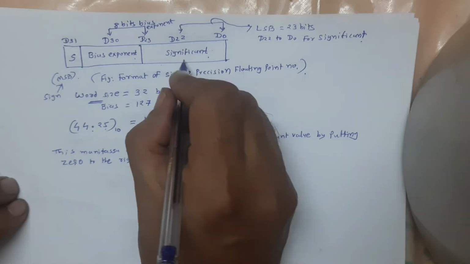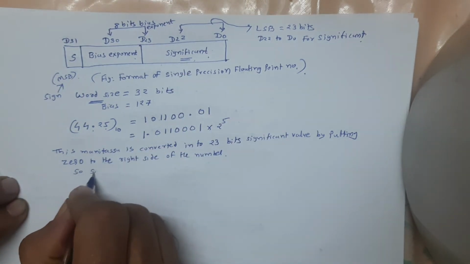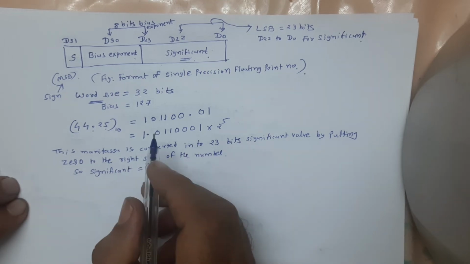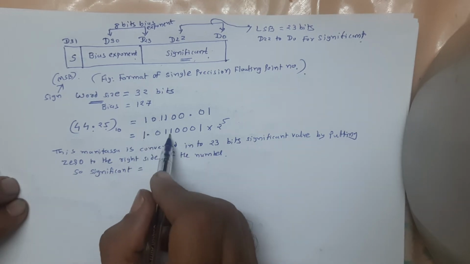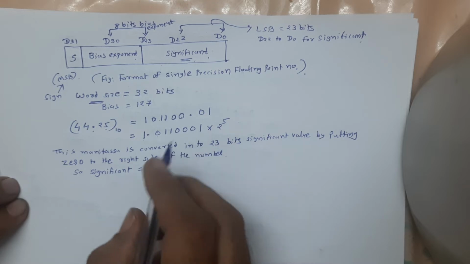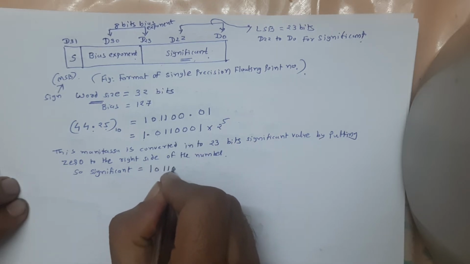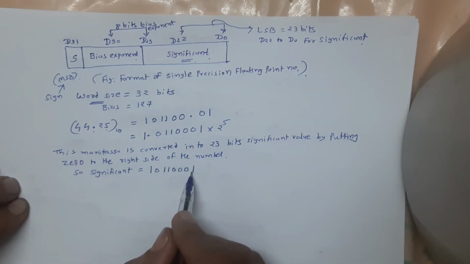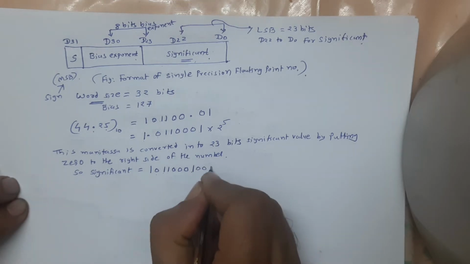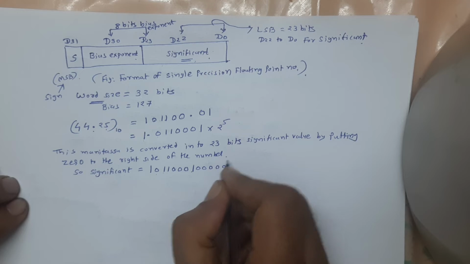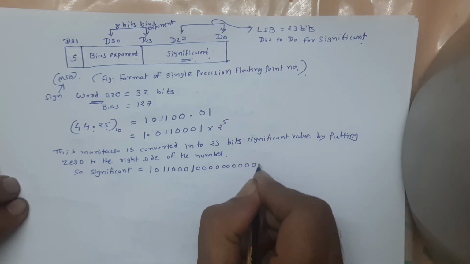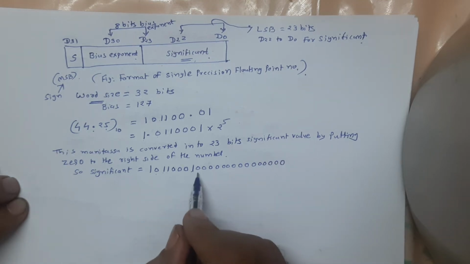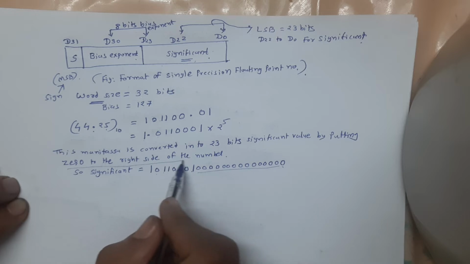So this significand is equal to 1011000 01, counting 1, 2, 3, 4, 5, 6, 7, 8, 9, 10, up to 23 bits. The remaining bits are 0, placed to the right side of the number.